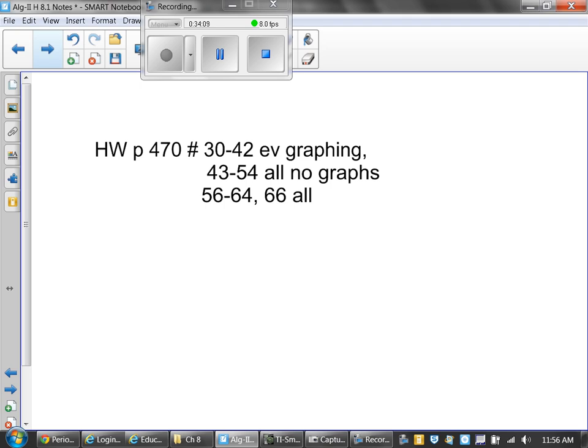In those numbers 43 through 54, it says do all of them except the ones that say graph. There's a couple of problems in those sets that say graph the function. There's no point to graphing some of these growth model functions because you're never going to be able to see them on the screen of your calculator, and you don't really need to see the graph in order to answer the questions. So don't worry about those graphs. And then the last group are basically all interest problems. They're very, very, very straightforward.